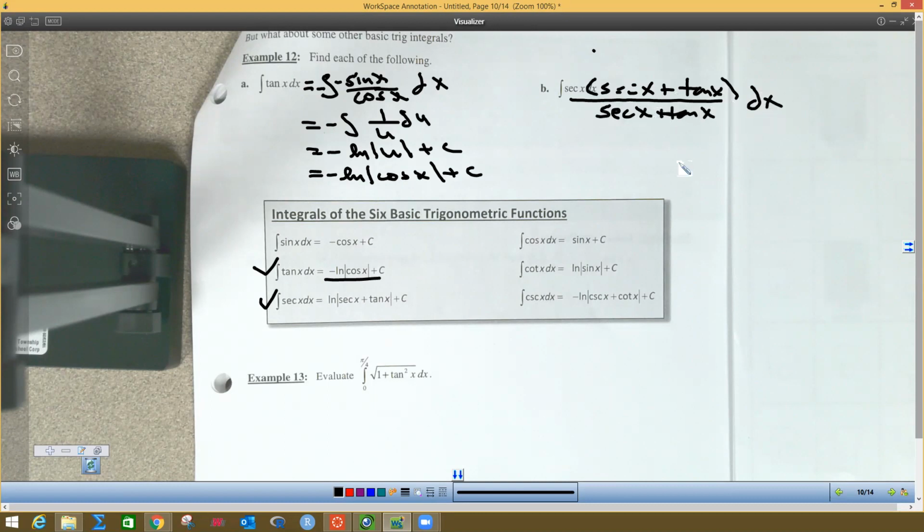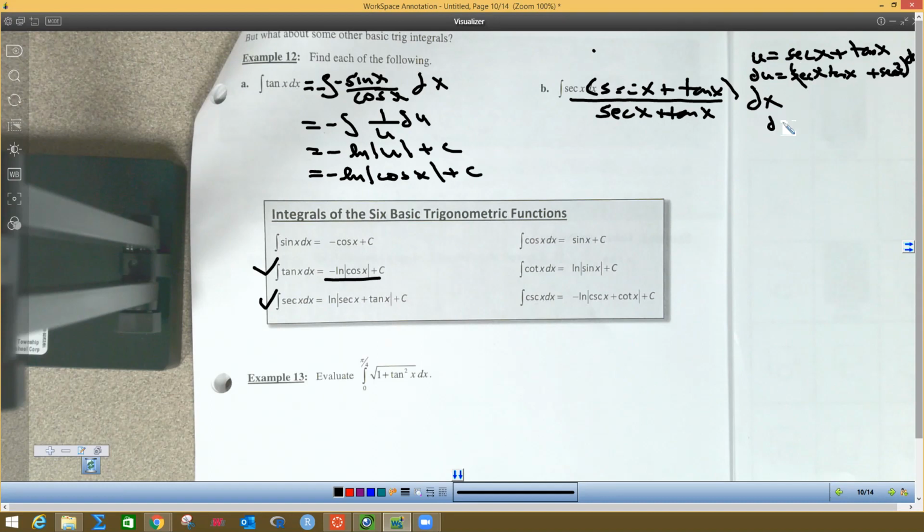And then I'm going to do the integral of this, which is the same thing. So what I want to do is, again, u substitution. But I want u to be the denominator for the same reason, secant x plus tangent x. So when I do the derivative of u, the derivative of secant is secant tangent, and the derivative of tangent is secant squared, and I got that dx over here.